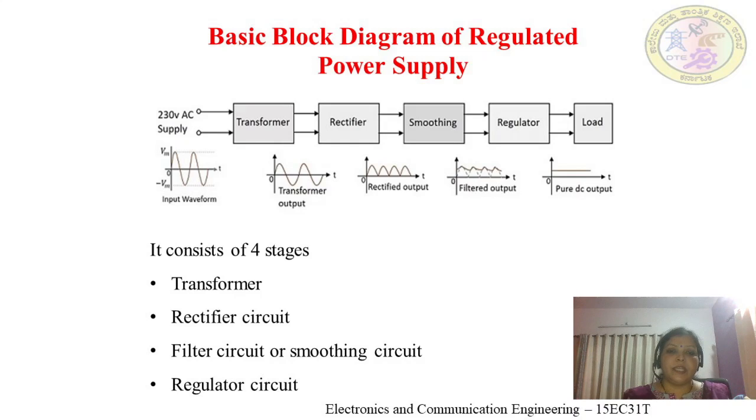So this AC input we are supposed to convert to pure DC output with the intermediate stages called rectifier, smoothing and regulator circuitries. Next, this reduced amplitude sinusoidal waveform, the transformer output, is applied to the rectifier input.